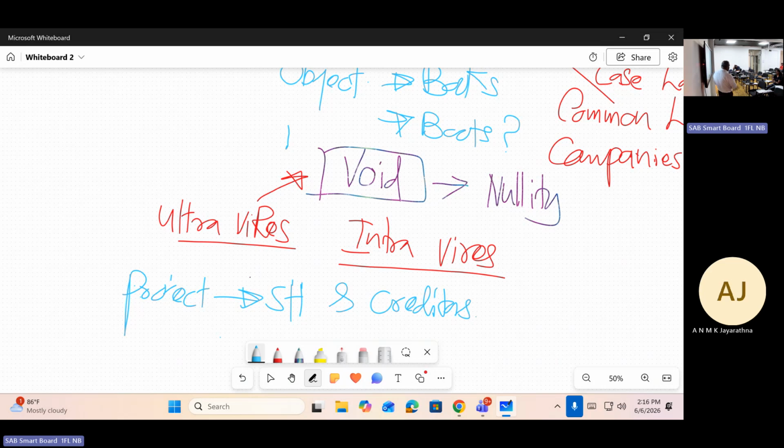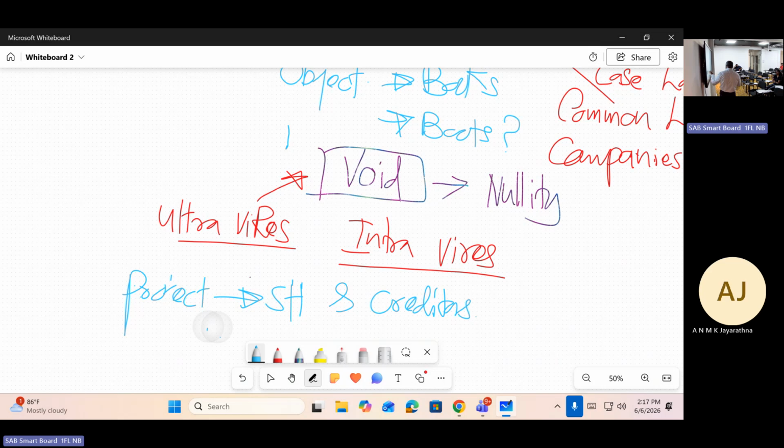The company cannot engage in that type of transactions. The company has to utilize money only for the objects which are permitted by the object clause, and then ultimately the protection is given to shareholders and creditors.